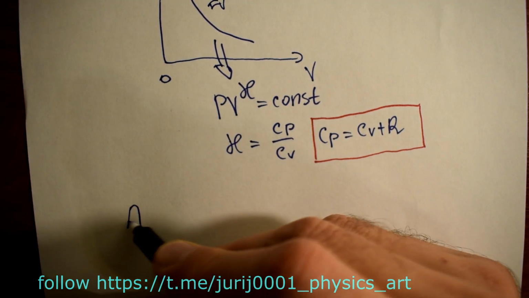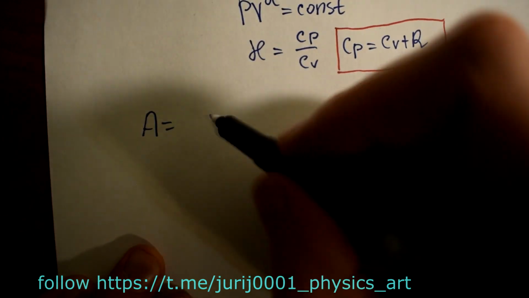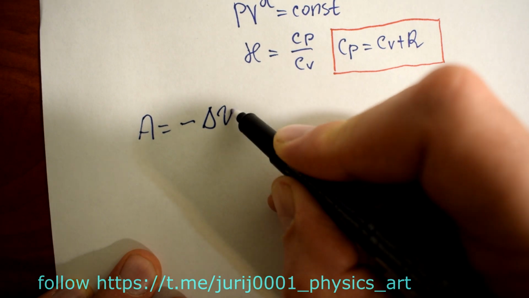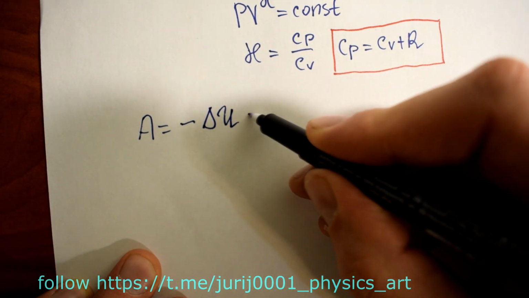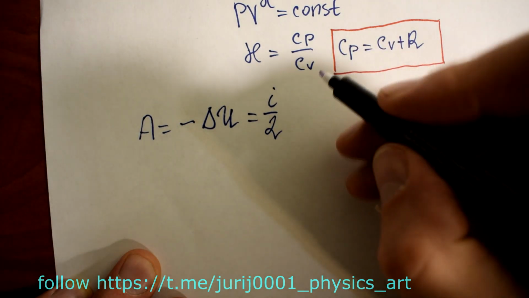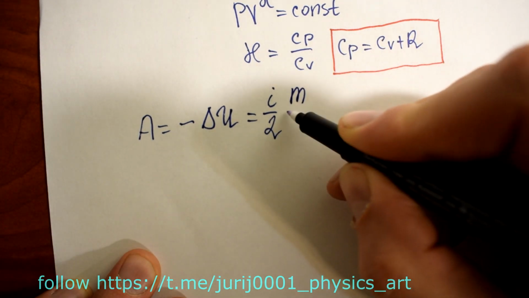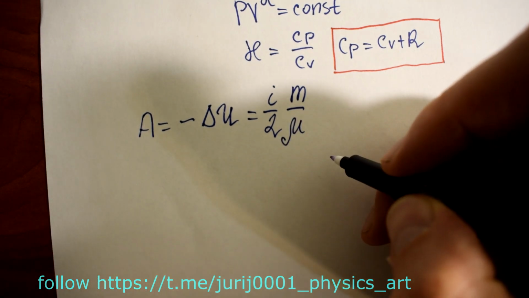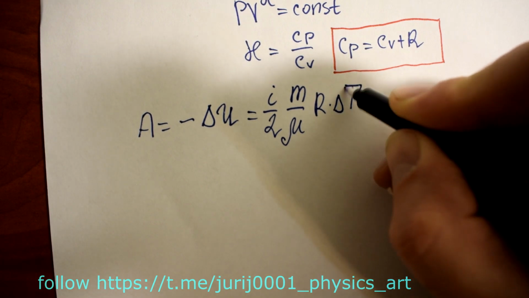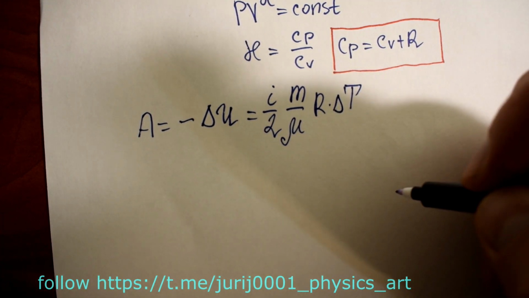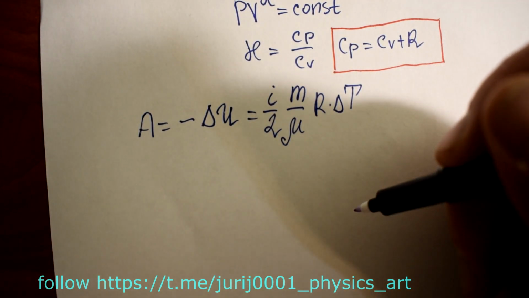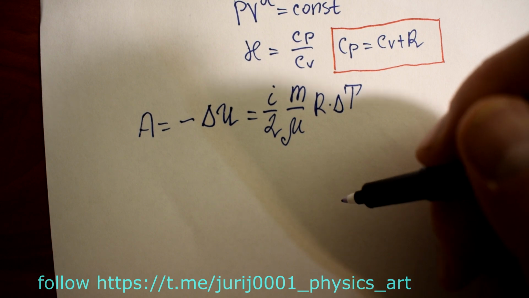Now it remains for me to write the work using the first principle of thermodynamics for an adiabatic process. This formula can also be written using the molar heat capacity at constant volume.